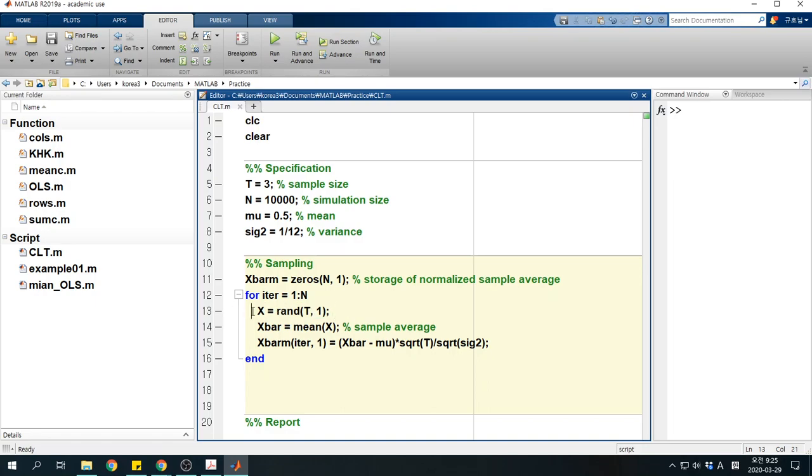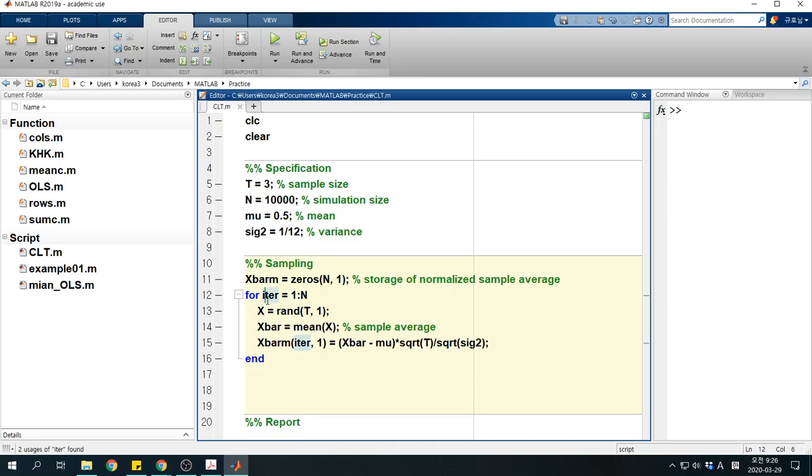Now ITR equals 2. Another capital T random samples are drawn. Then this is the sample average, and this is its normalization. Since ITR is now 2, 2 comma 1 is replaced by this value. Now we have the end here, and it goes back.